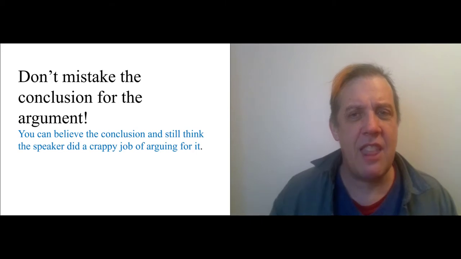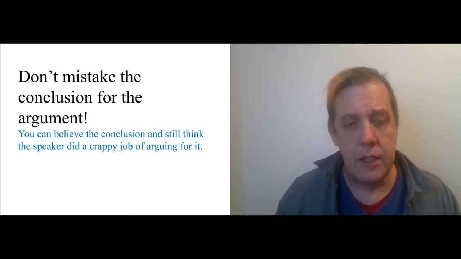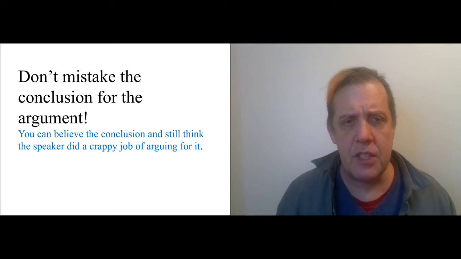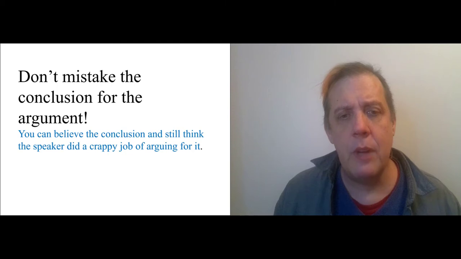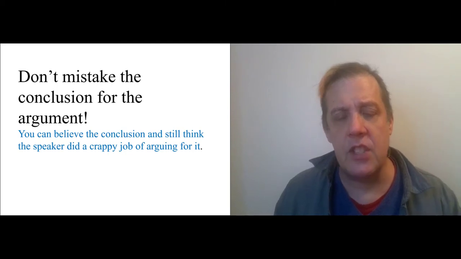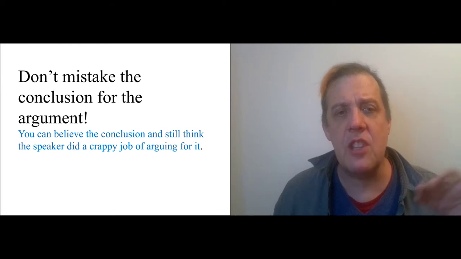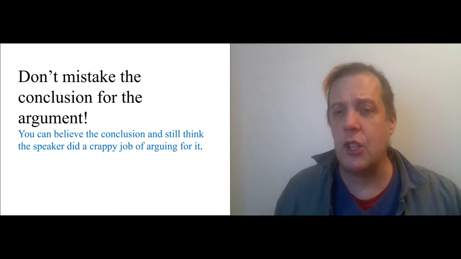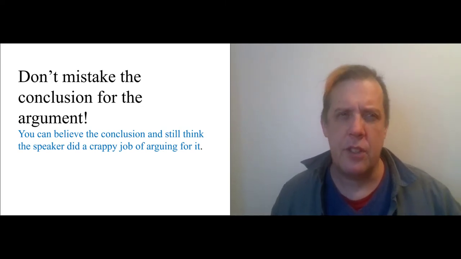Another basic thing that any critical thinker has to do is remember to separate the conclusion from the argument. You may think the boy is innocent, but think that some of the arguments that Juror 8 uses to show that the boy is innocent are bad arguments. Actually, I think that.